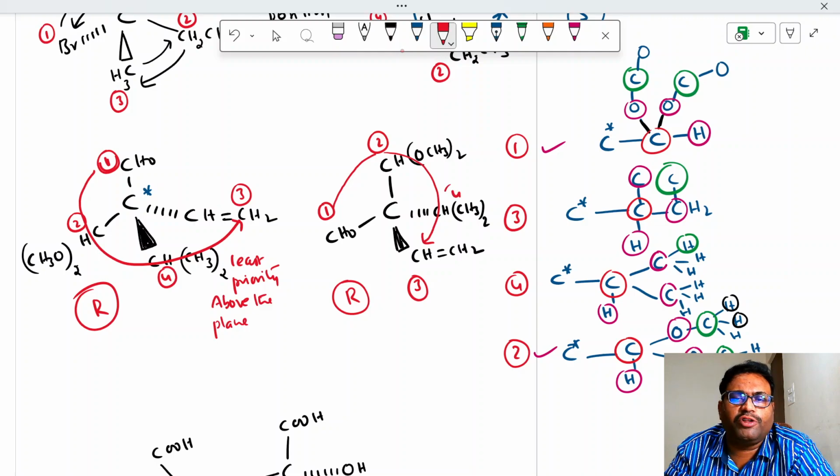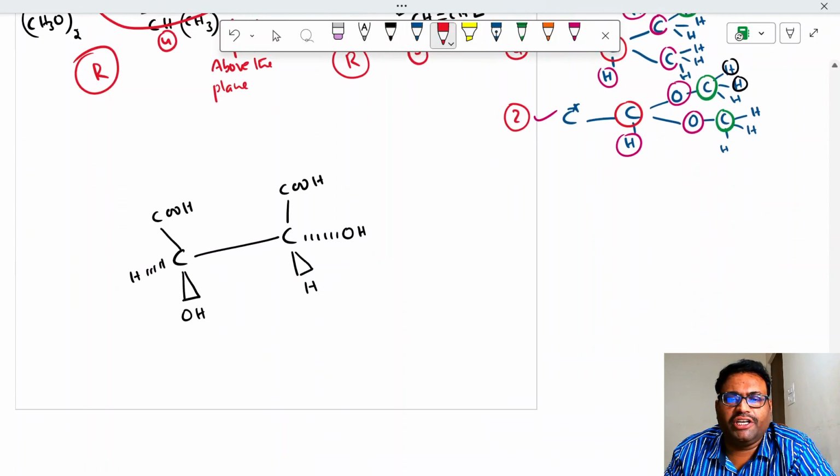The fourth priority group is below the plane. So directly you can say that if the least priority group is above the plane, you have to write the opposite of what you observe. Or if you exchange the positions, it will be very clear. Understood? Okay, so let us move to the next one.